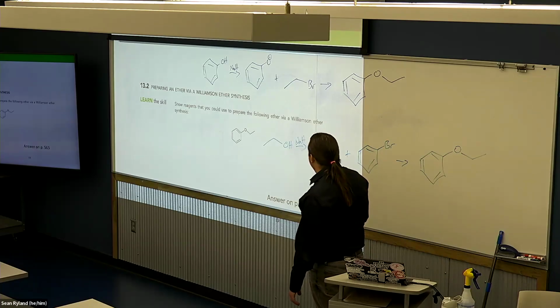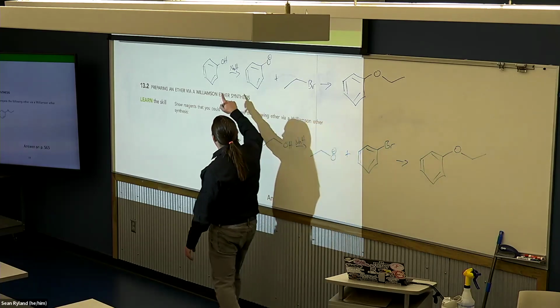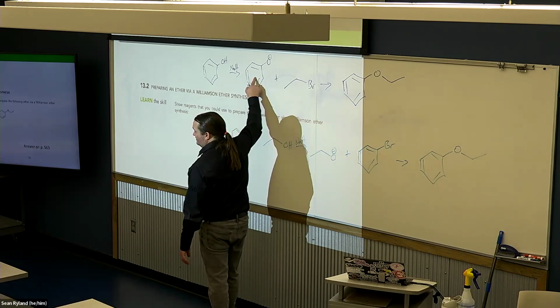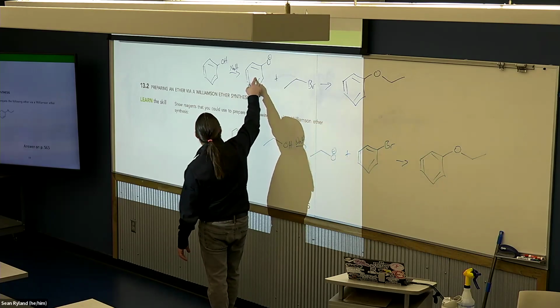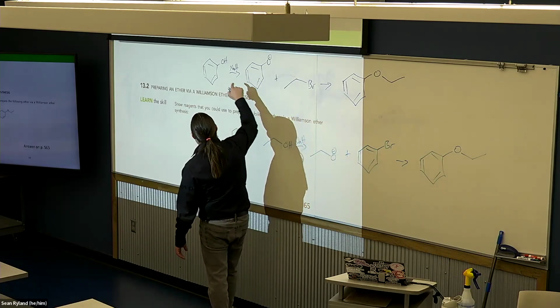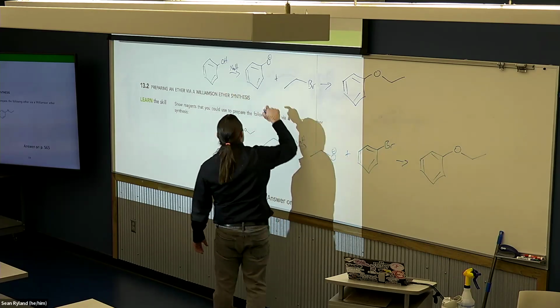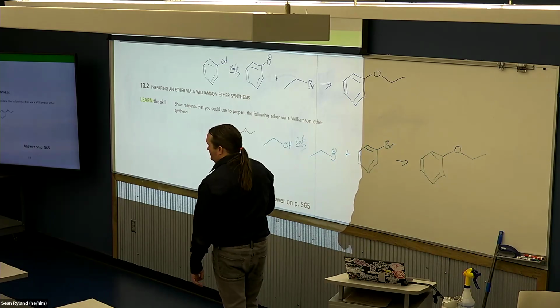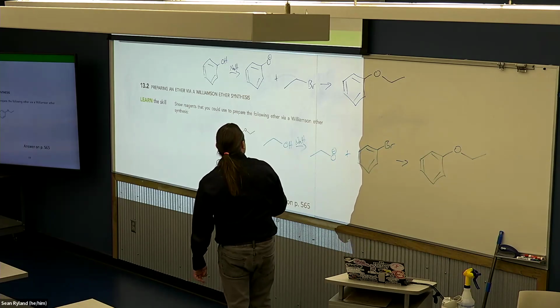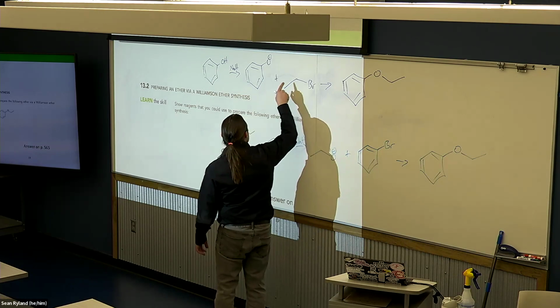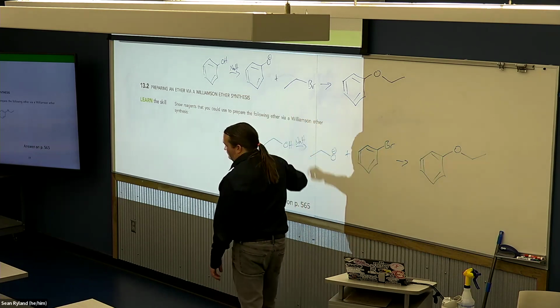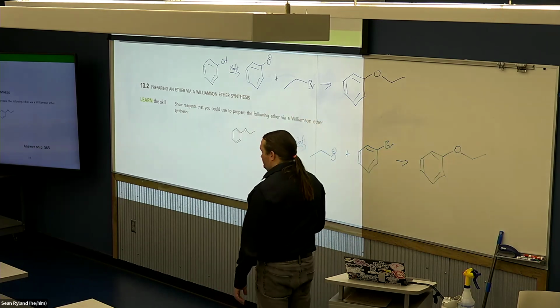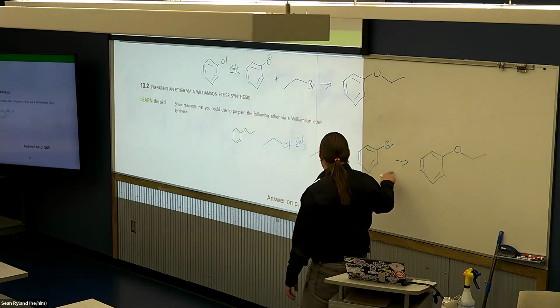The first one makes more sense because we know we can do this. We can deprotonate an alcohol here. In fact, phenols are more acidic than most alcohols, so that's even easier than normal, and turn it into a good nucleophile. Because this last step can't happen.